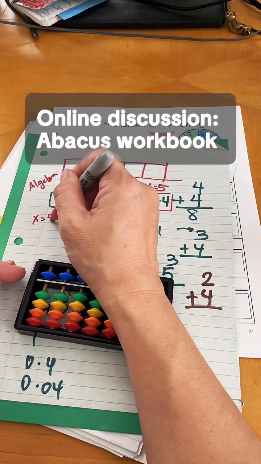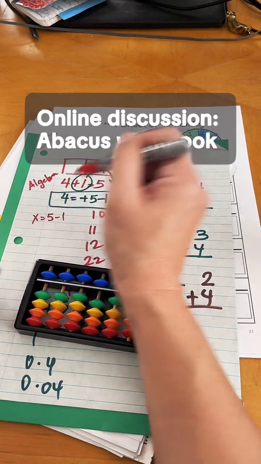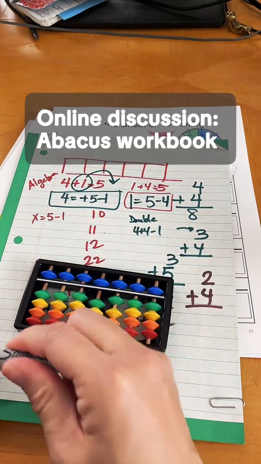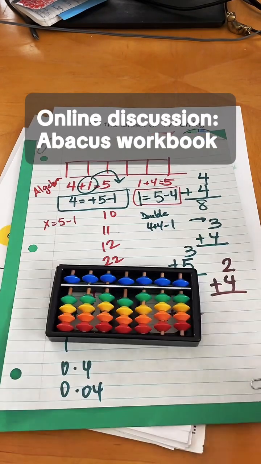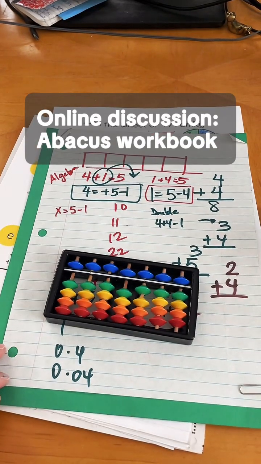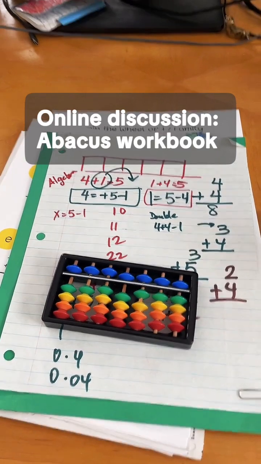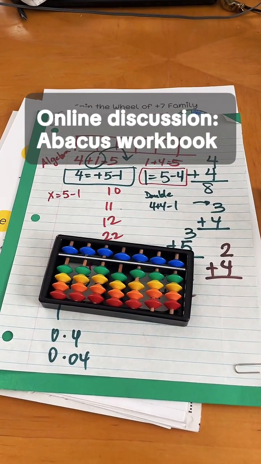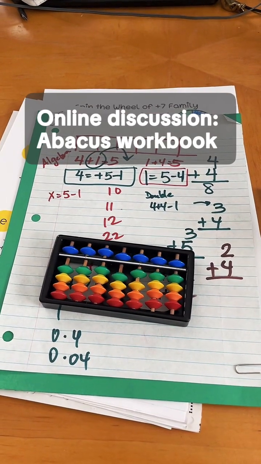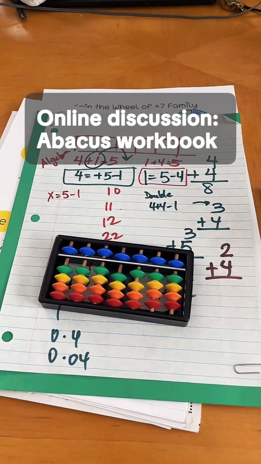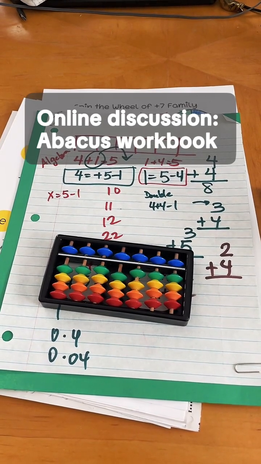So if we have x is equal to 5 minus 1, I should learn more algebra to bring it together. I don't know my algebra. I only know abacus. And I'm trying to grab how abacus relates to regular school, because it does. It's crazy how common it is, how easy it is.